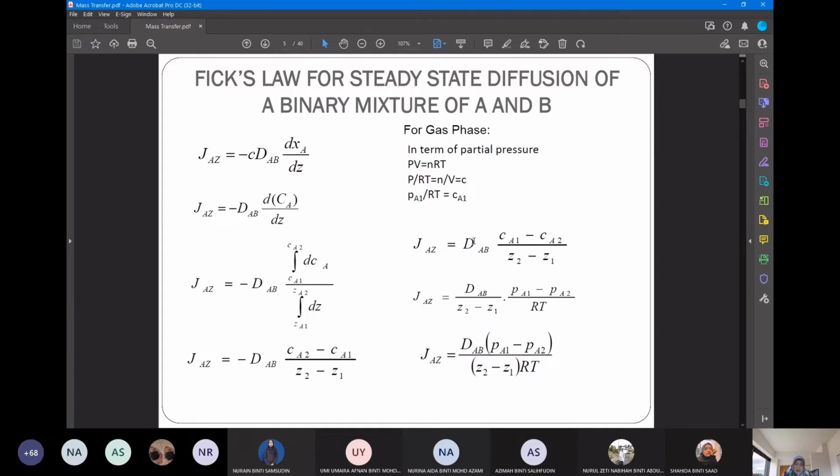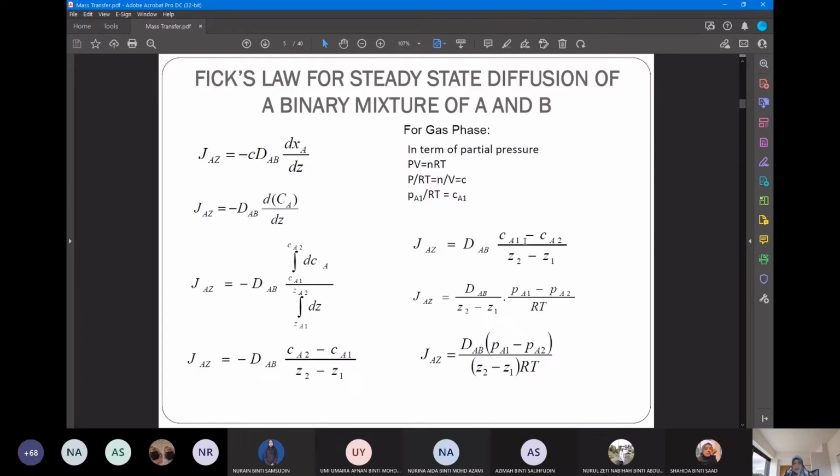Basically, when you're dealing with liquid, normally you're given concentration. When you're dealing with gas, it is in terms of partial pressure. But can you calculate in terms of concentration for gas? Yes, you can.